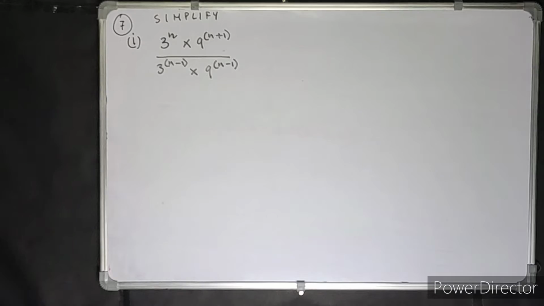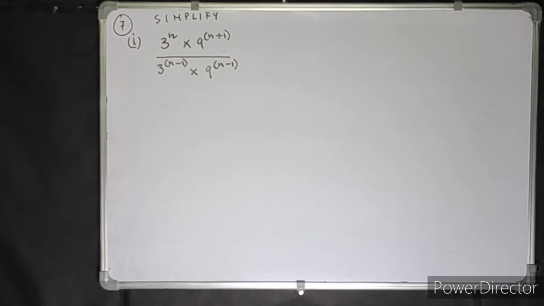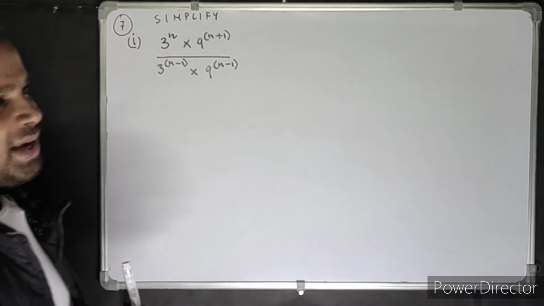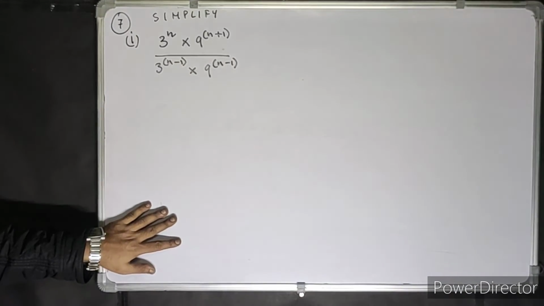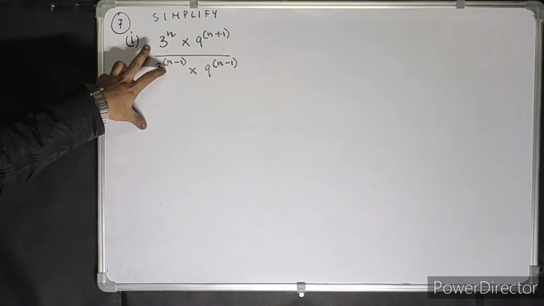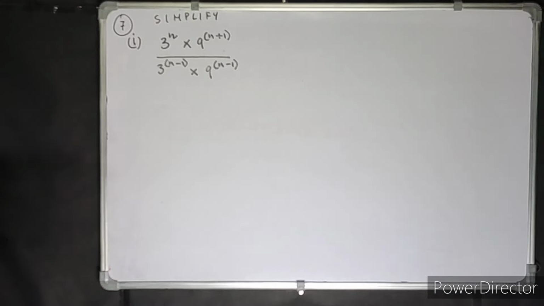Look at this. Now from here, what do we have to do? Simple. The best way to understand these questions is to take out something common from there. Now from here you see this is 3 to the power n. You can get 3 to the power n here also. So if you do that, look at this.